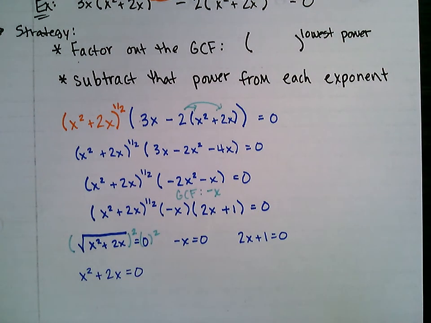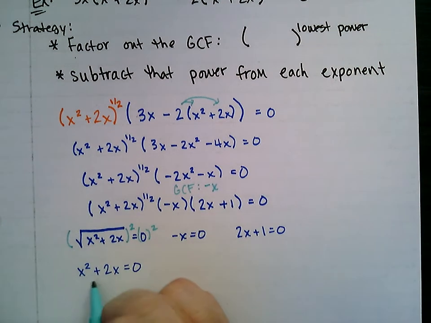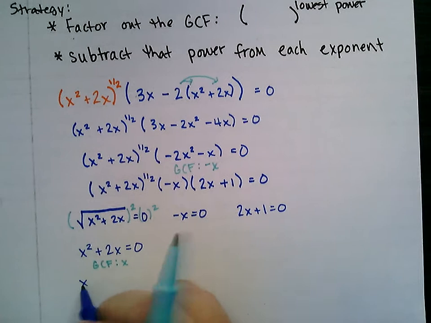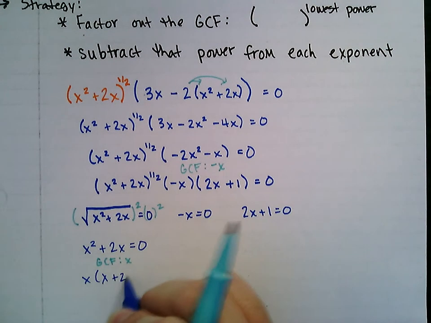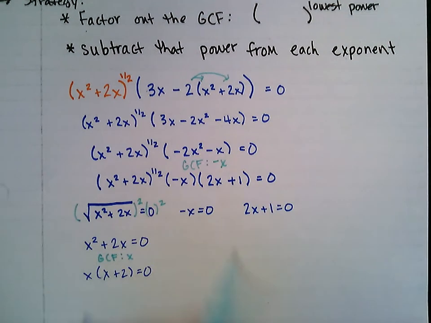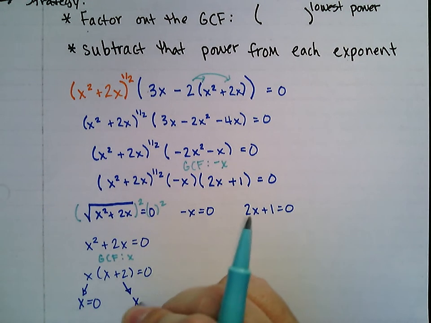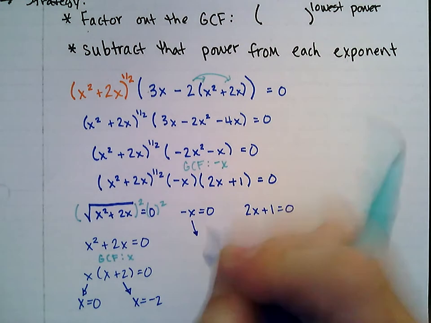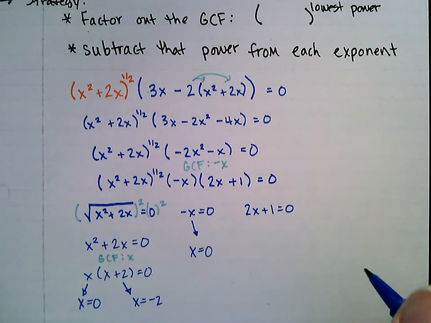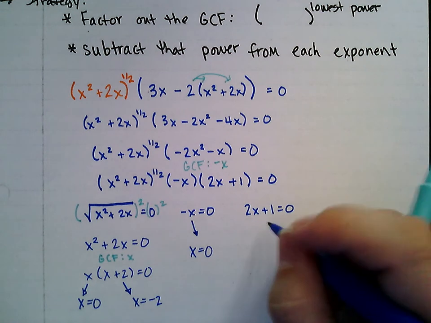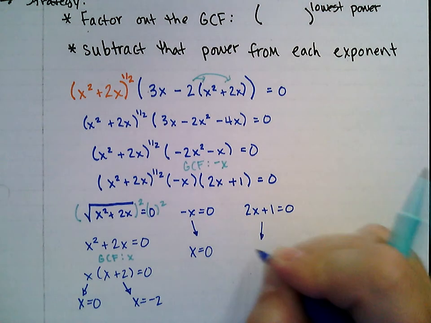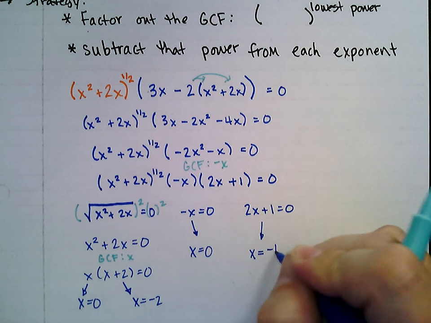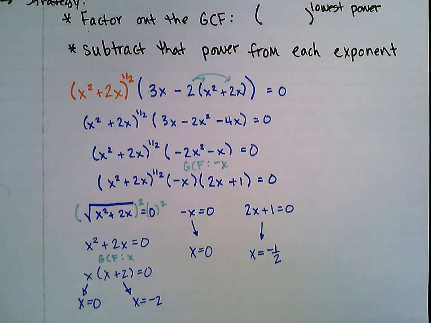Now to keep solving that, I am going to have to factor out a GCF, which is x. So I have x times x plus 2 equals 0, which gives me x equals 0, x equals negative 2. Negative x equals 0 also gives me x equals 0 if I divide both sides by negative 1. And 2x plus 1 equals 0 gives me x equals negative 1/2.